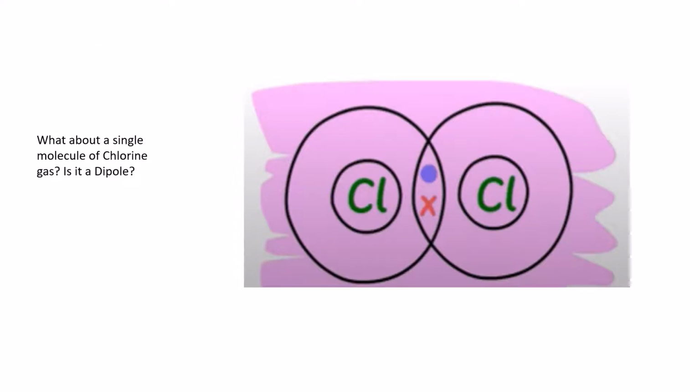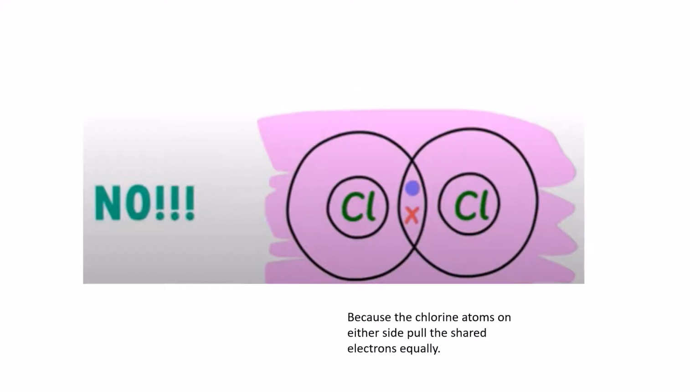What about a single molecule of chlorine gas? Is it a dipole? Because the chlorine atoms on either side pull the shared electrons equally, it cannot be considered a dipole. No poles are created in this molecule.